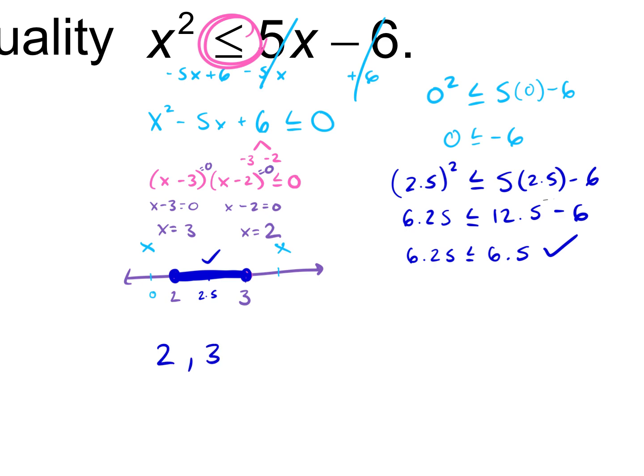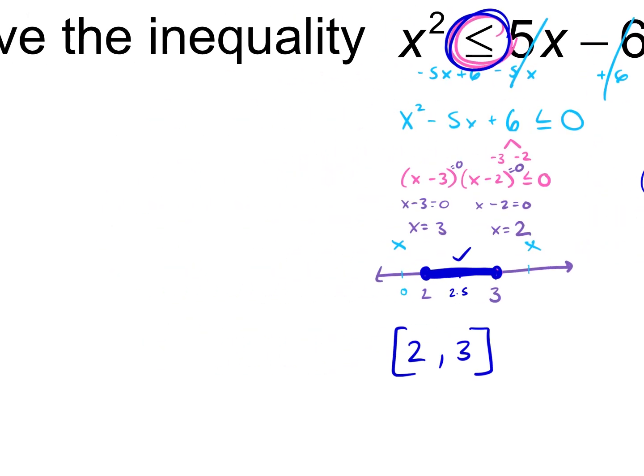Would 2 get a bracket or parentheses? Because it's less than or equal to, the equal to part means that it gets brackets there because it's a closed circle. If it was an open circle, that would be parentheses. If it is a closed circle, it gets brackets.